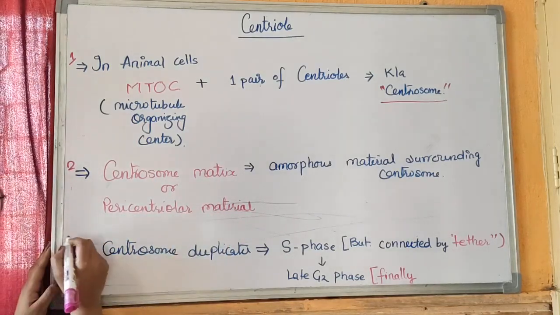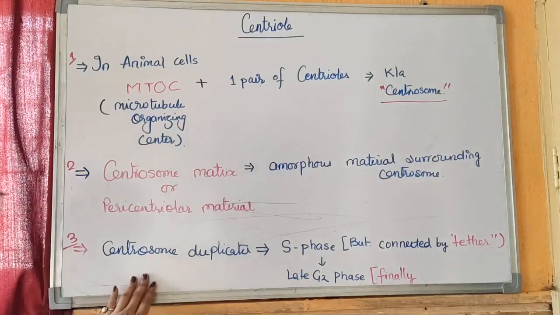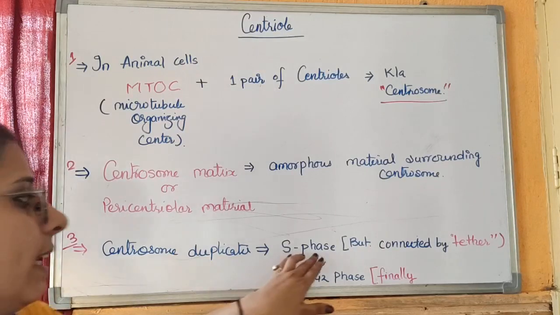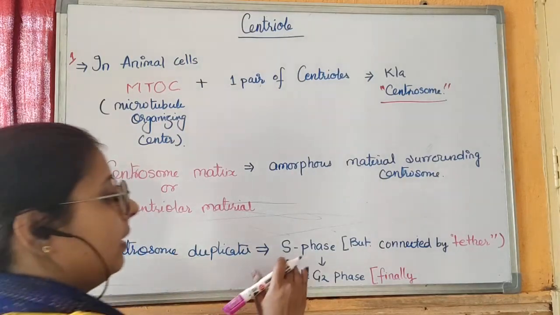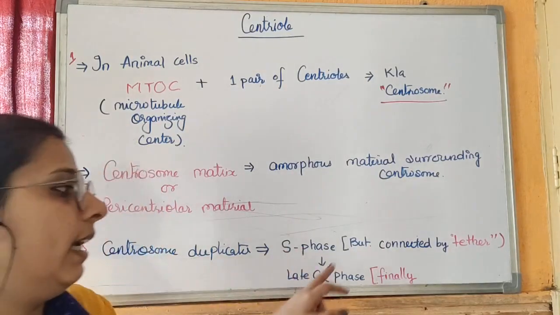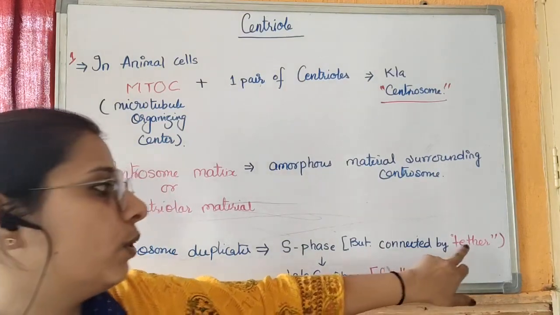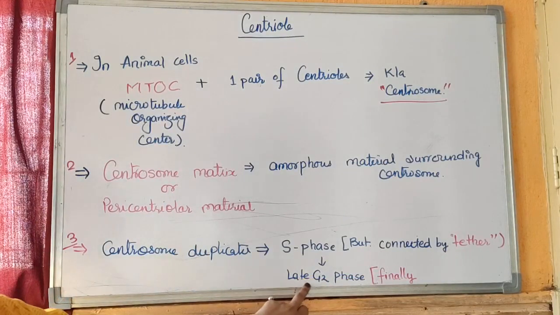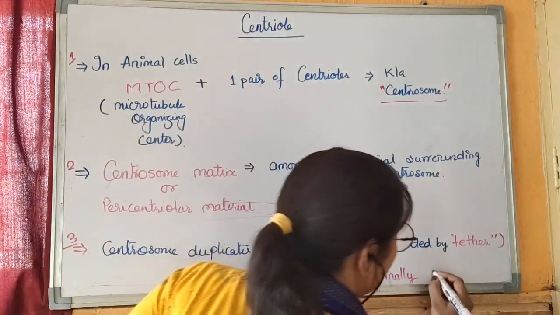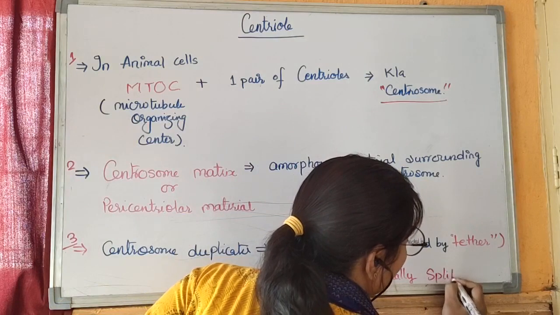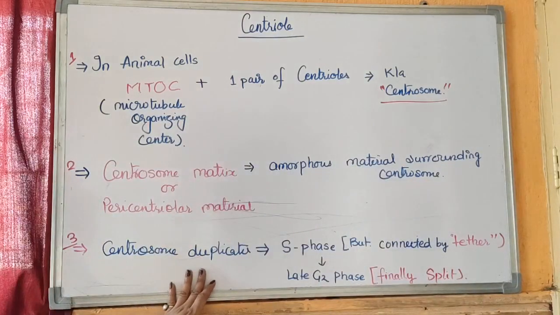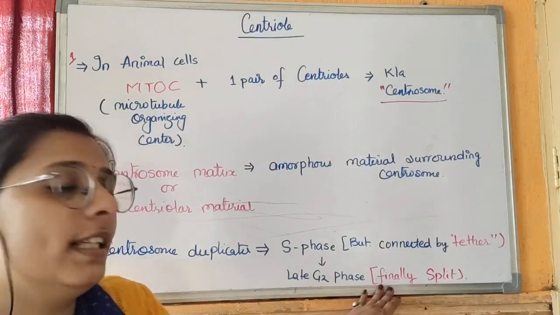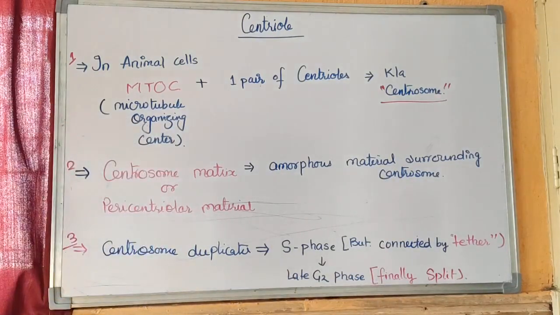The third point is that the centrosome duplicates. We all know that the centrosome duplicates in S phase, but during S phase the two are connected by a special protein called the tether, and finally in late G2 phase they split completely. So it can be said that the centrosome duplicates in S phase, but the final separation occurs in late G2 phase.